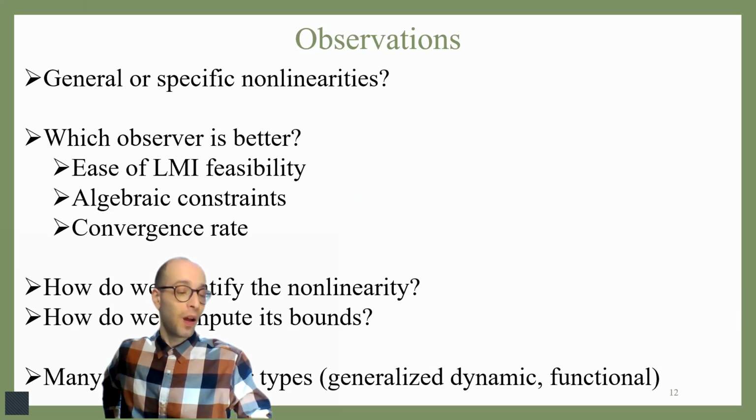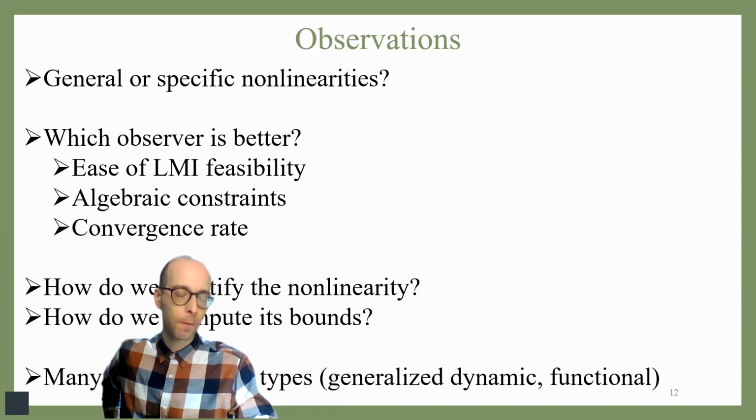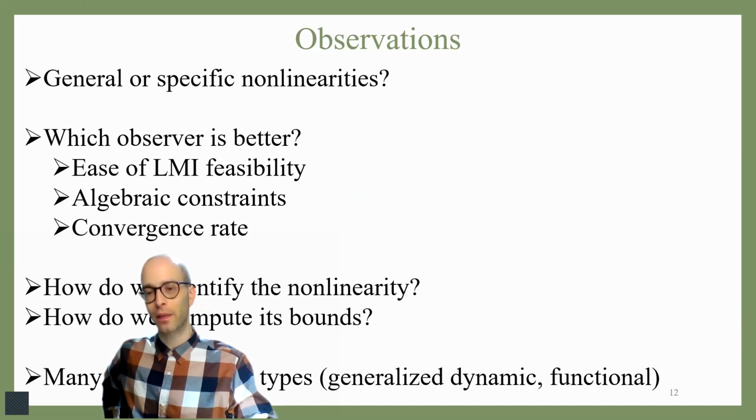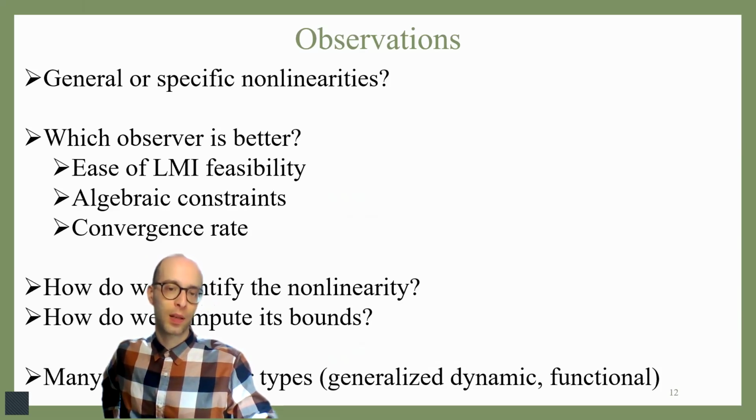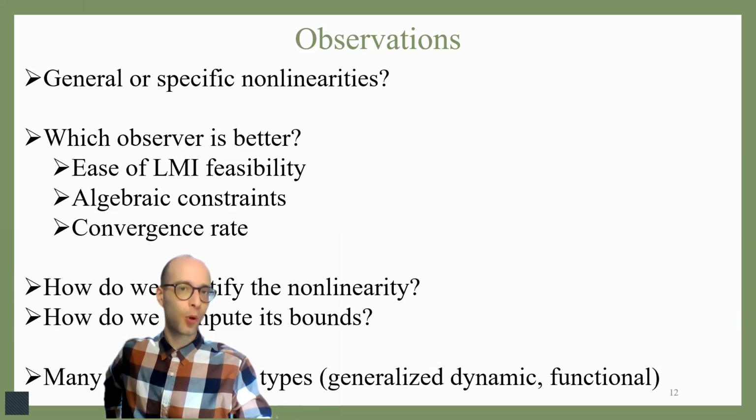Now, overall, this is a highly interesting topic. It is a very active field. Papers on observers are published every month. It's a very, very active field, and there are a lot of open problems that we can address in the future. Okay. In our work, we mostly studied Luenberger observers, which are very classic. But as you know, if you study observers, there are other observer types like functional observers or generalized dynamic observers.